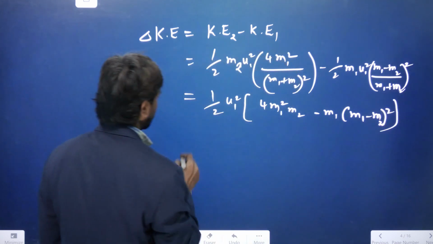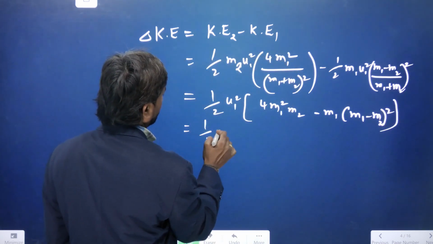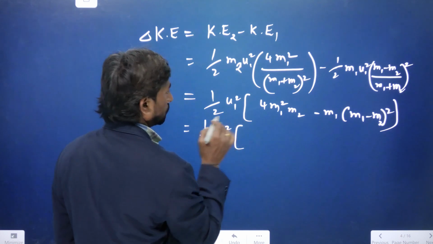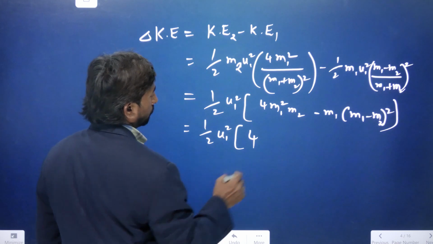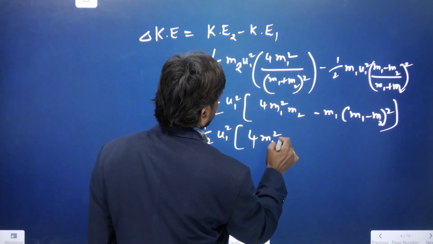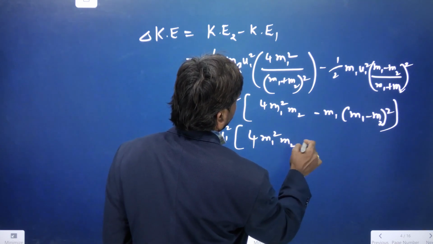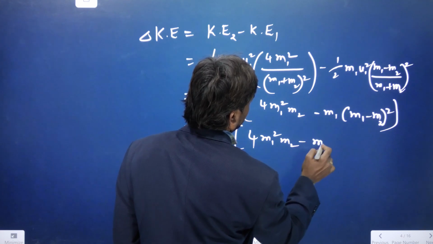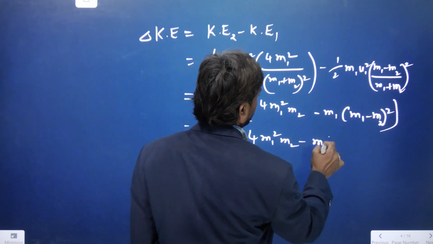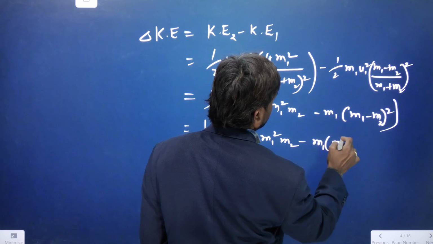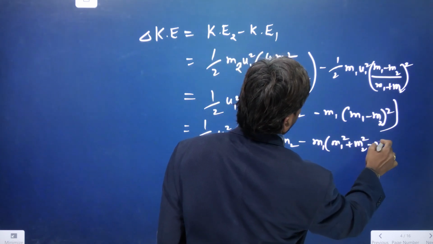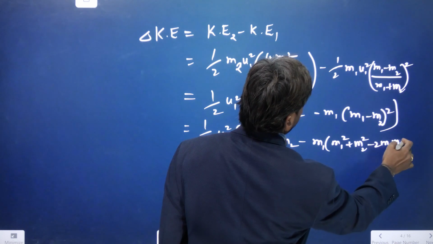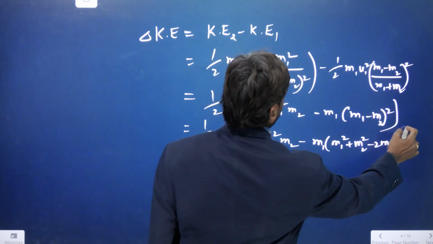From this half into u1 square is there, and here 4 into m1 square m2 minus m1 into m1 square plus m2 square minus 2 m1 m2, we can write here minus 2 into m1 m2 like this.